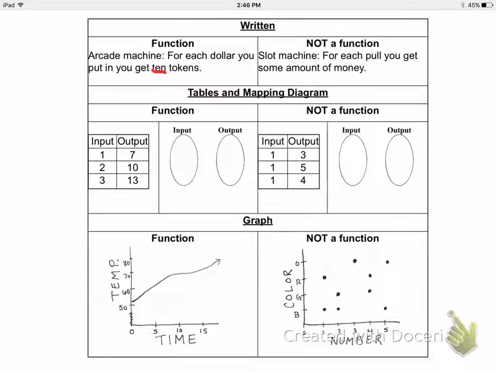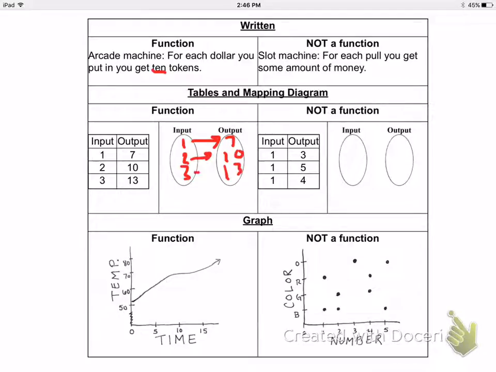Now, if we look at tables and mapping diagrams, on the left, we have an input of 1, which has an output of 7. So the relationship is if you put an input of 1, you're going to get 7 out. Similarly, if you have an input of 2, you're going to get 10 out, or if you have an input of 3, you're going to get 13 out.